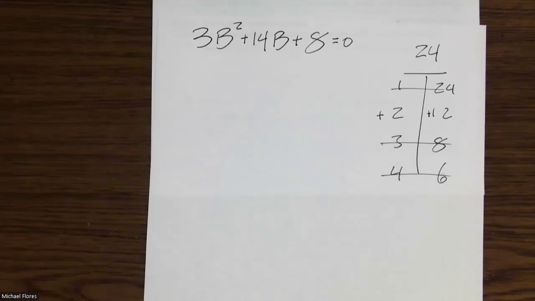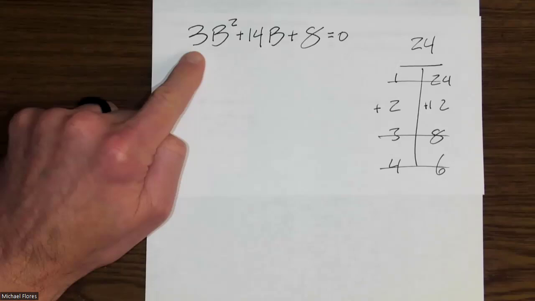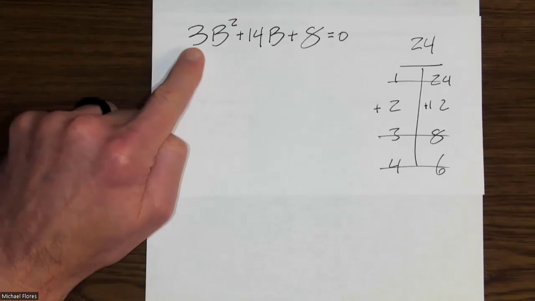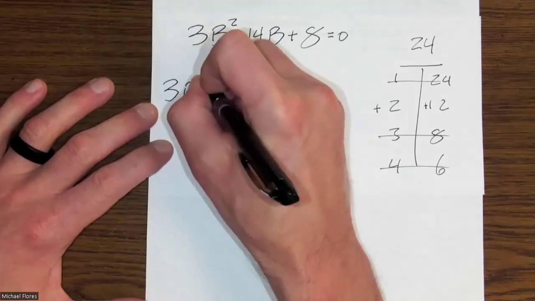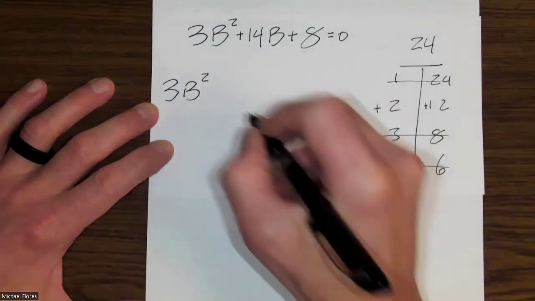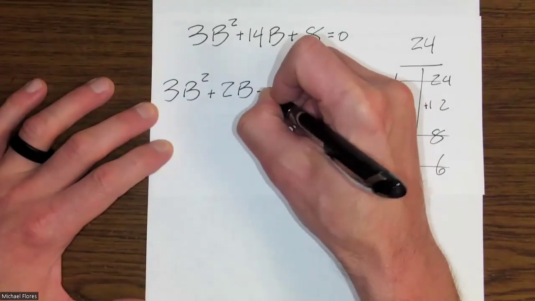Plus plus or minus minus. Warning, your answer is not b plus 2 and b plus 12. There's now a number in front of our b squared. So we have to create a grouping problem. Start with 3b squared. Now substitute your factors and give them a b.